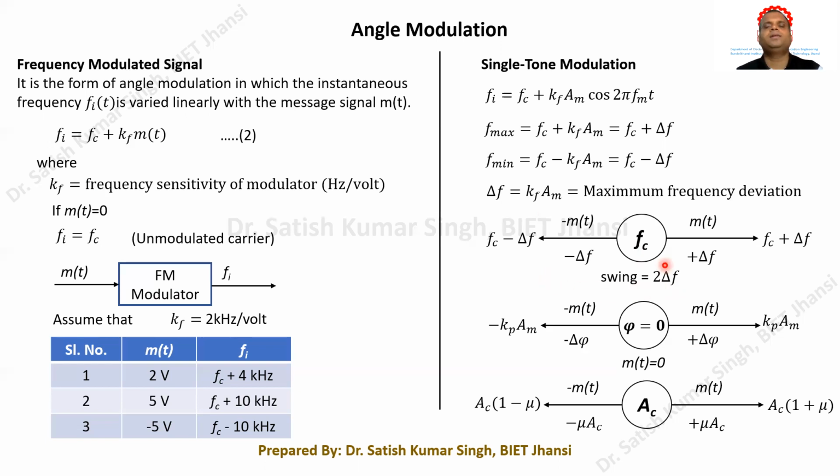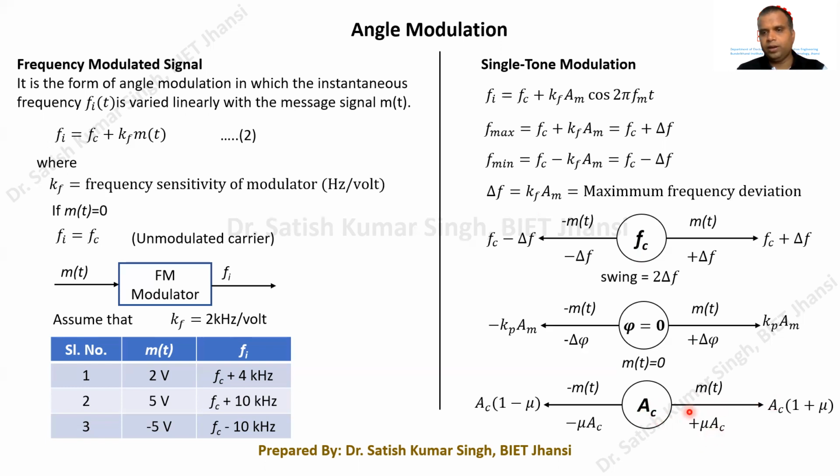Now try to make a comparison with respect to AM modulation. In the case of conventional AM, we have seen that the unmodulated amplitude of the carrier was Ac. Whenever we give a positive message signal, the net change in the amplitude that was observed is plus mu Ac.